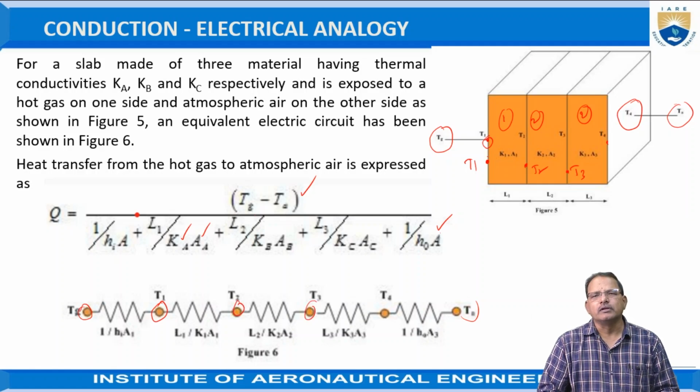So this is the relationship between the flow of thermal energy and the flow of current through different types of conductors.